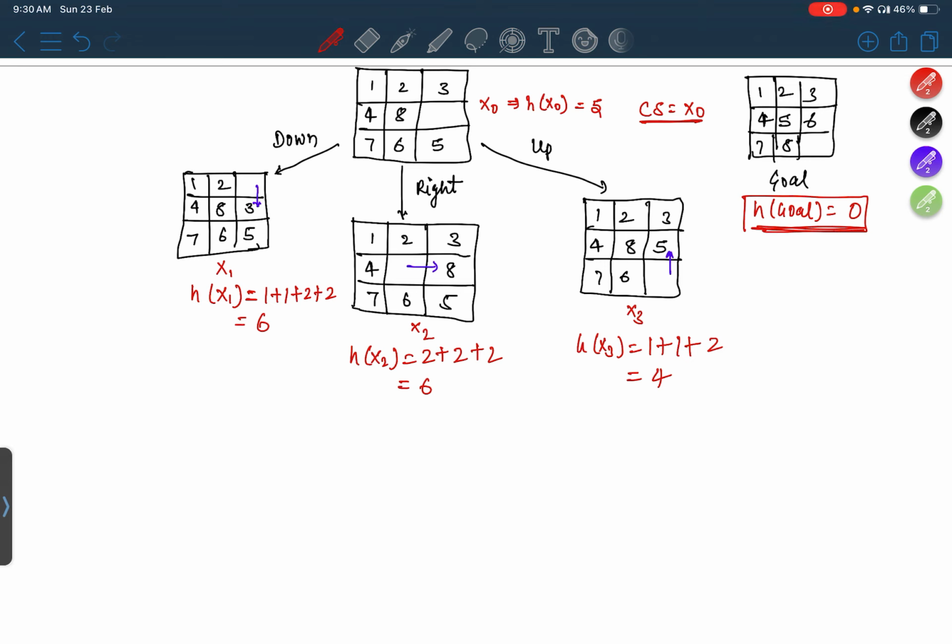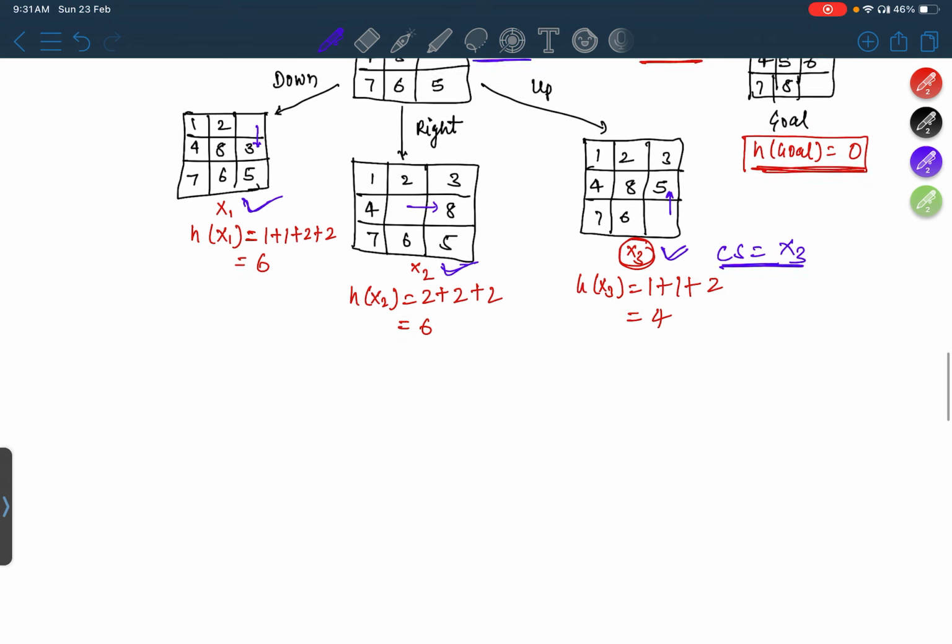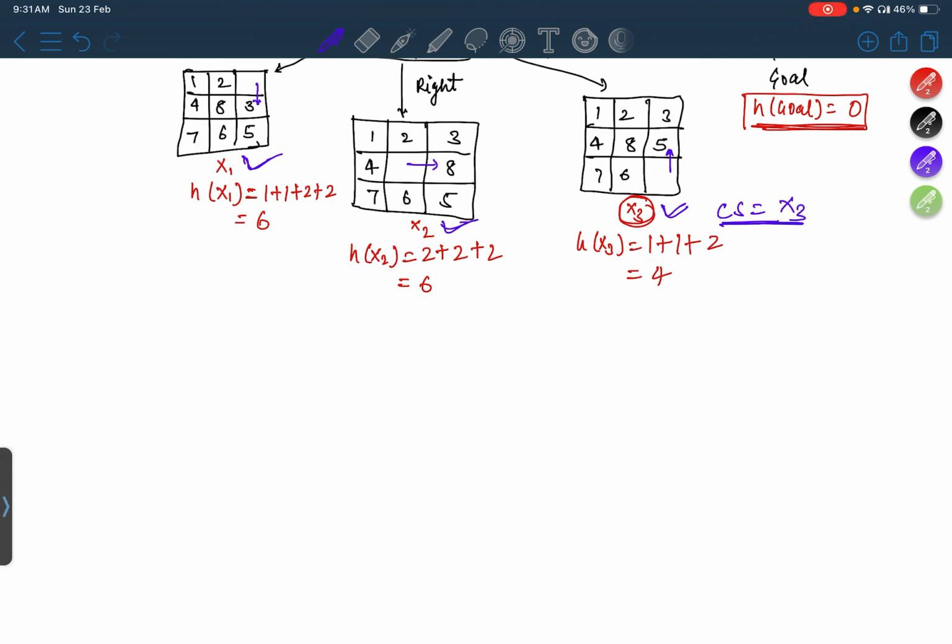Now which is better among these? x3 of course, because for x1 and x2 the h of x is greater than that of x0, so we will not even select those, will not even consider that. The only option we have is x3, so our current state will become x3, and now what, we'll simply explore this one, right?